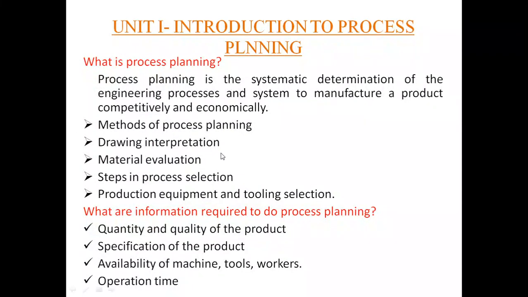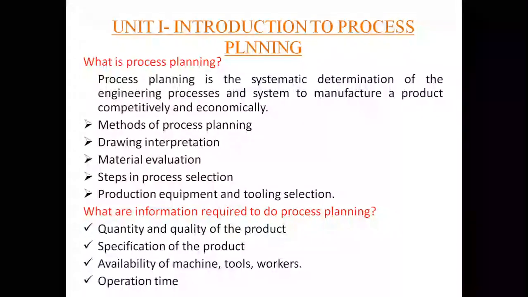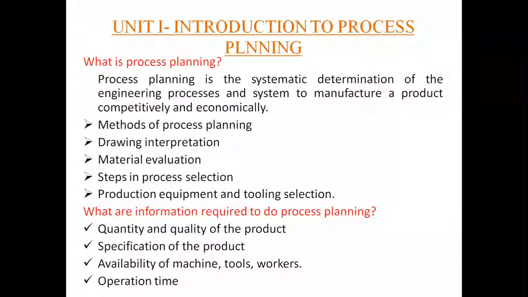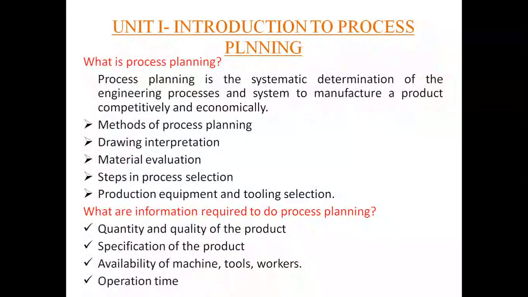Next one is drawing interpretation. Drawing interpretation means drawing expansion or explanation or exposition. In this, we will see about dimensions of drawing, material specification, special material treatments, tolerance, limits, fits, geometrical tolerancing, and surface finish. In this drawing expansion, we have the main assembly drawing and sub-assembly drawings.